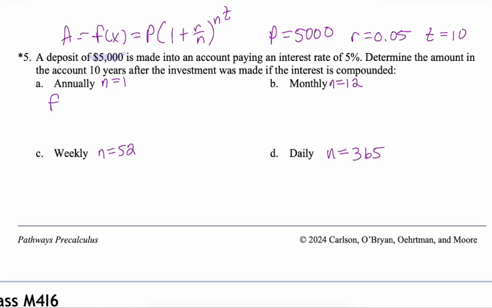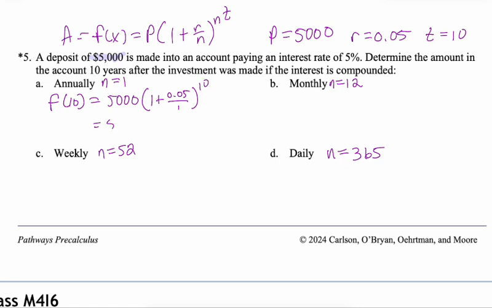So F of 10 is going to be 5,000 times 1 plus R over N. I'm sorry, let's actually put the numbers in to save us space since we don't have a lot of room here. Our rate, 0.05, divided by our N, which is 1, and N is 1, and T is 10, so that's 1 times 10, or 10, okay?